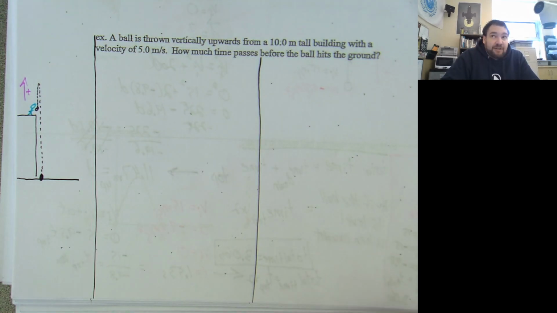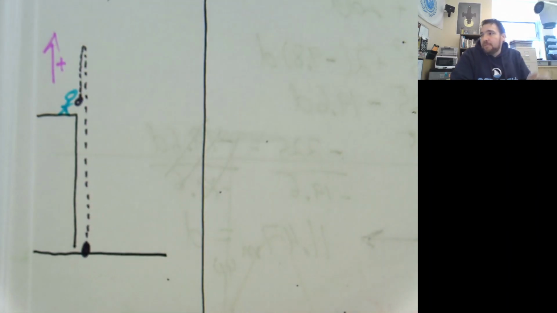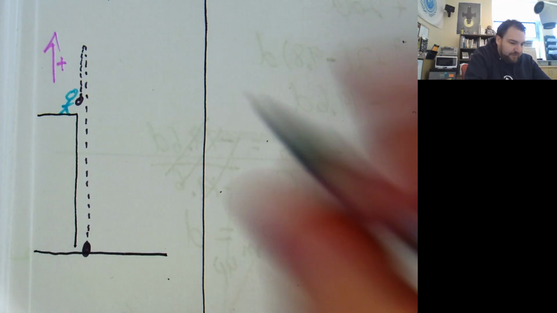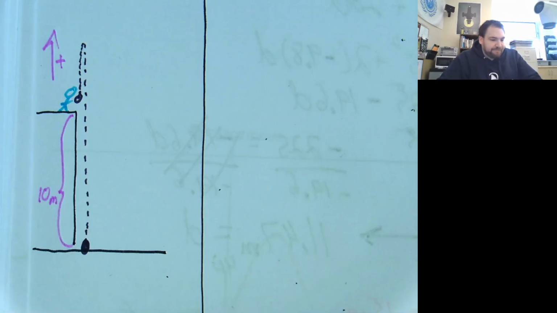Let's fill in as much detail onto this picture as we can. I'll zoom in so you can see what I'm doing. The building is 10 meters tall. Good. Hey man, what's up? Sorry. No, you do what you gotta do. So that distance right there is 10 meters. Could be useful. What else do we know?